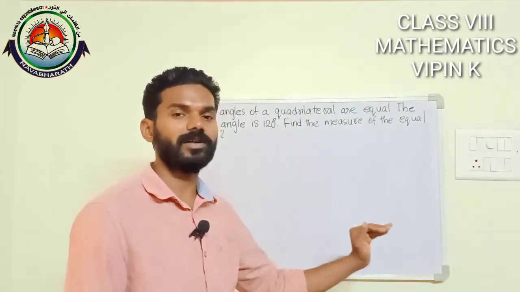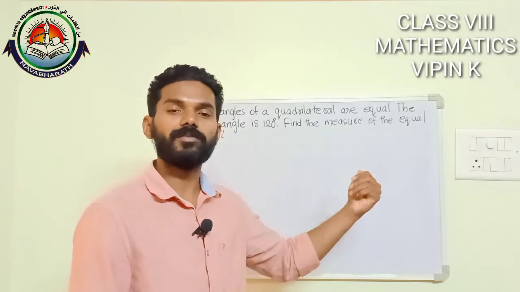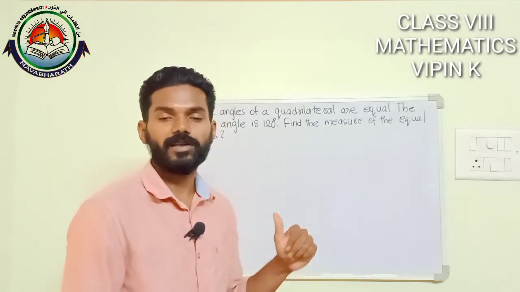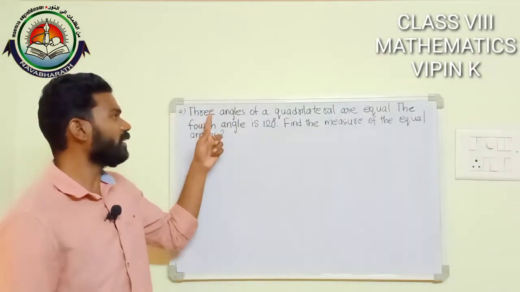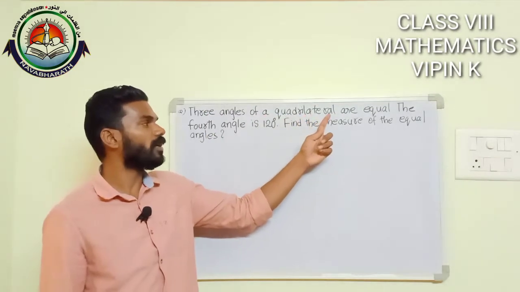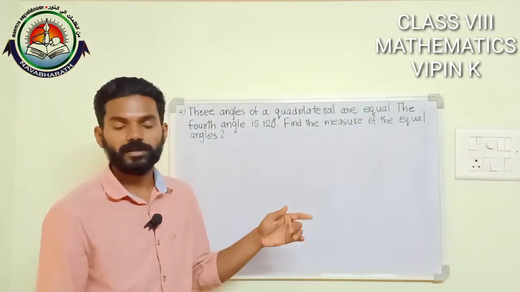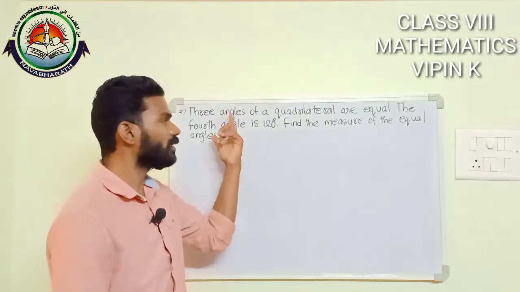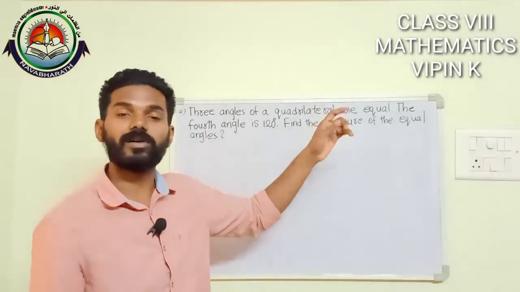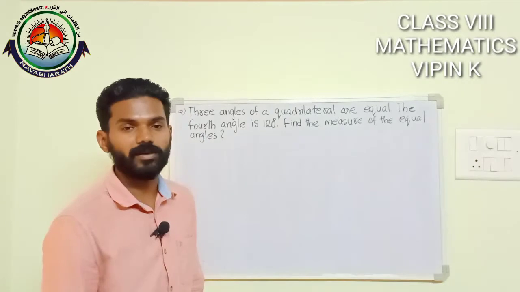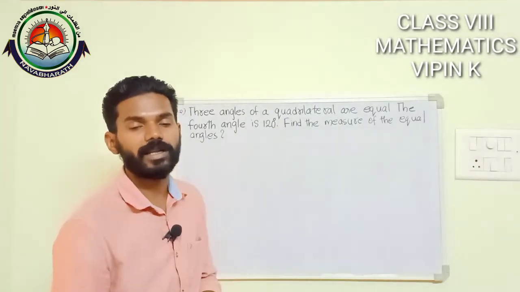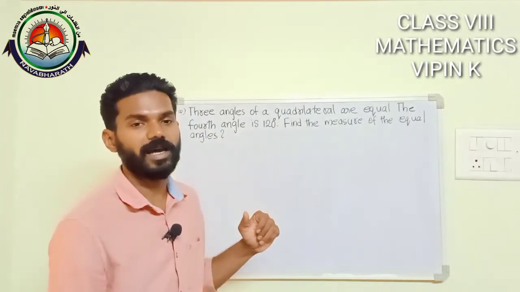Then simply draw a figure and do the problem easily. Now let's check. Three angles of a quadrilateral are equal. Like in the previous question, here also three angles of a quadrilateral are equal. But we don't have an idea about how much the angle is.